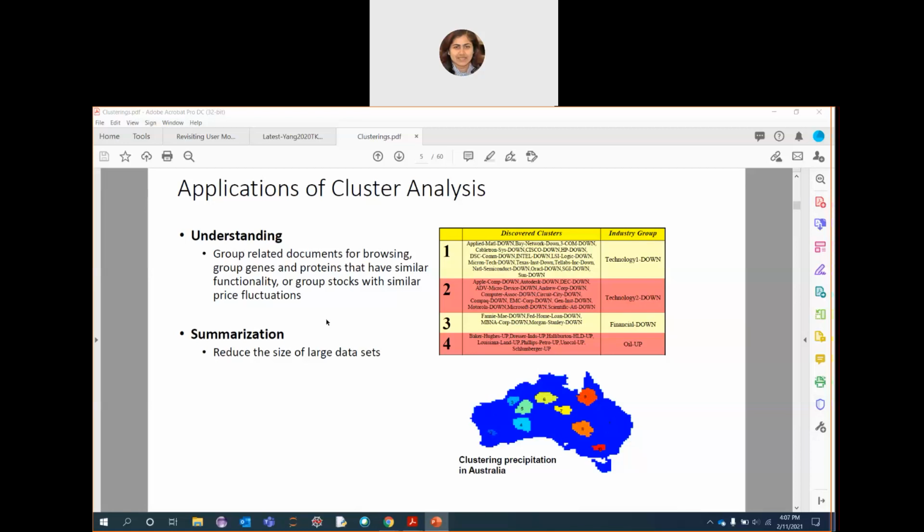So these are some of the explanations. To summarize, many data analysis techniques have time and space complexity. In terms of clustering, if we have m as the number of objects, they are not practical for large data sets.